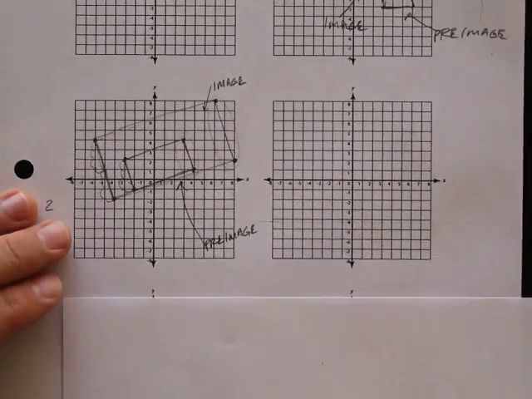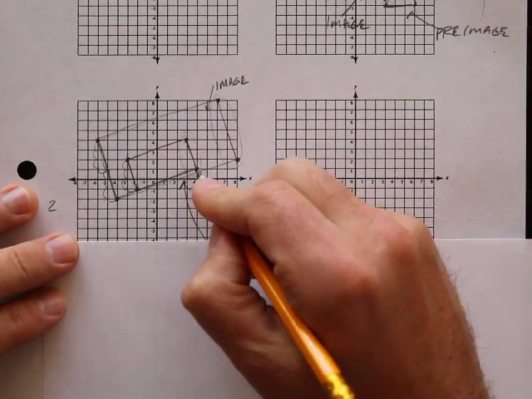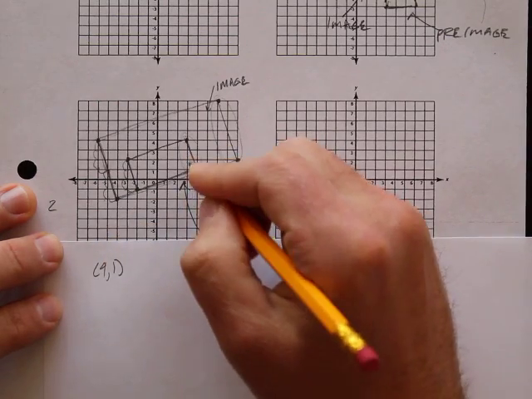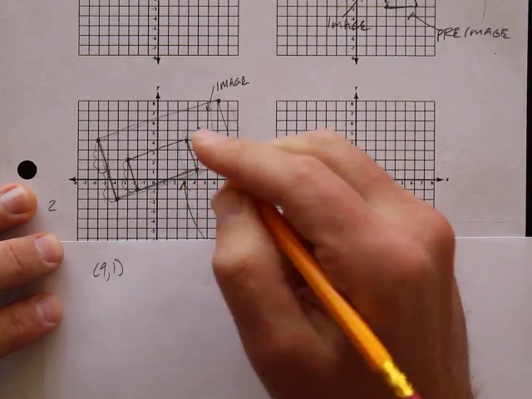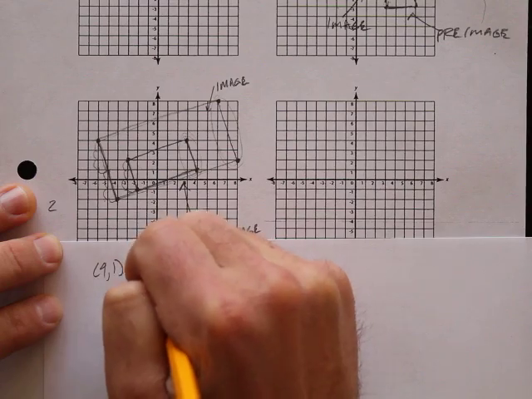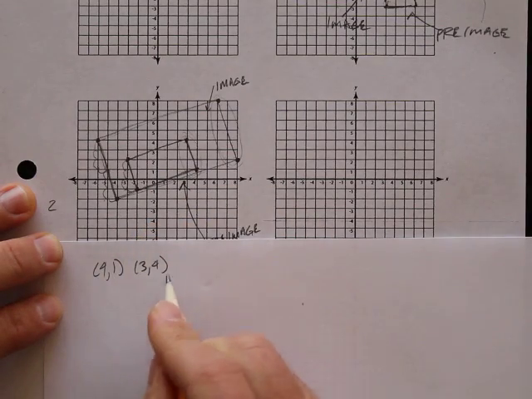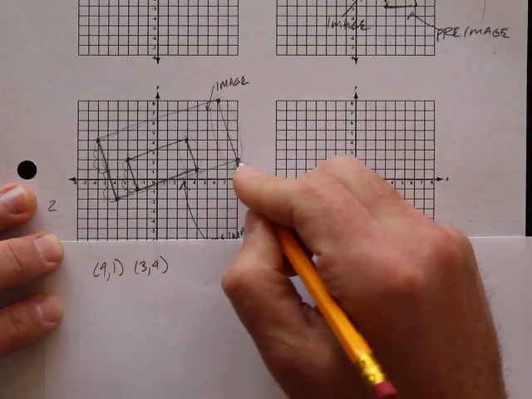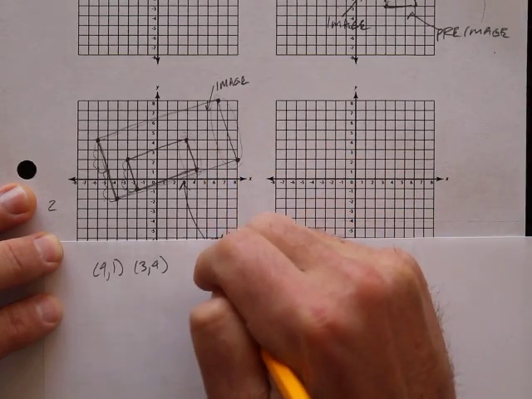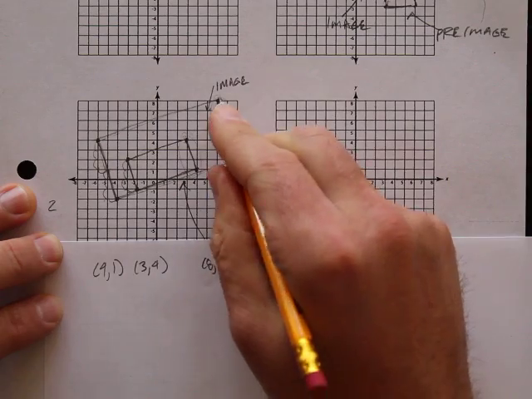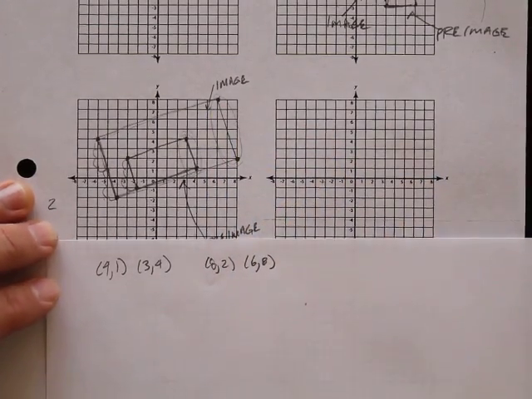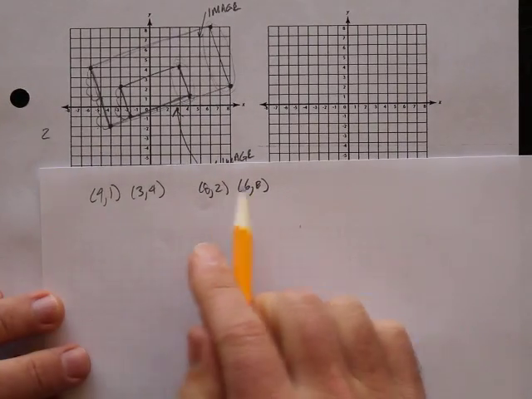And so for the pre-image, I have 4, 1 and 3, 4. So I need to find that distance. And then on the image, I'm going to do the corresponding side, which is 8, 2 and 6, 8. So I need to find the distance between these points and the distance between these points.